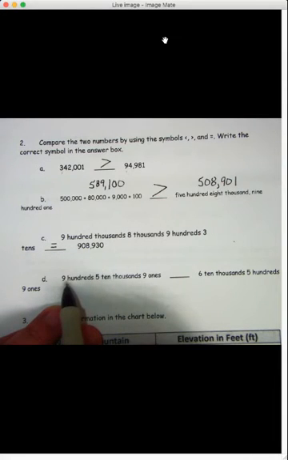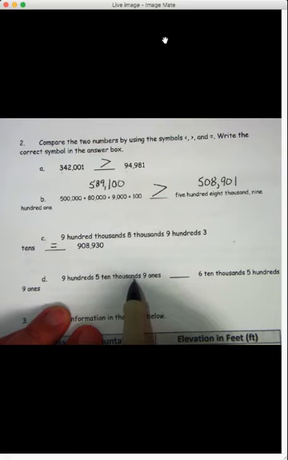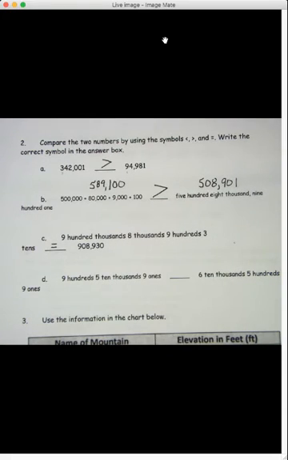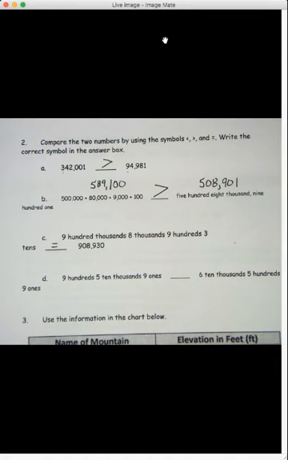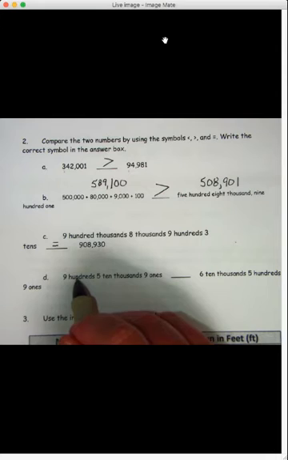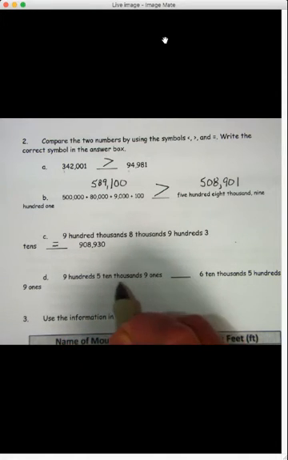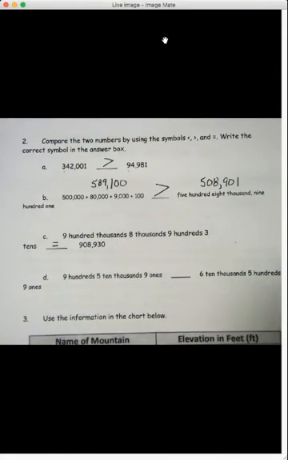Okay, so 9 hundreds, 5 10,000s, and 9 1s. The thing that's confusing me on this one is these are not in order, are they? Because the hundreds should be on the right side of the 10,000s. So be careful. Let's write this number out and just make sure we get it right.